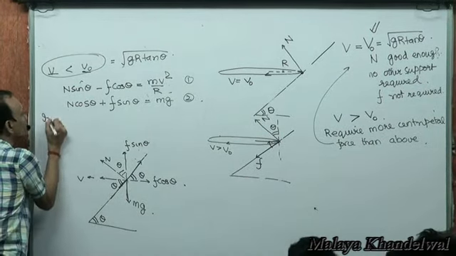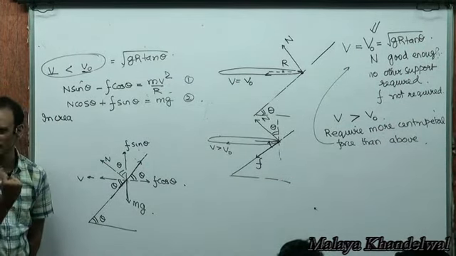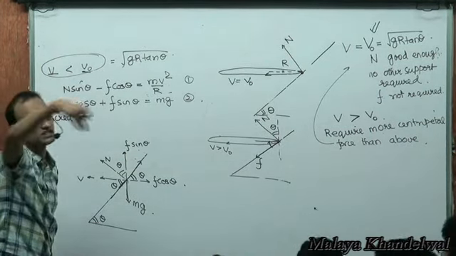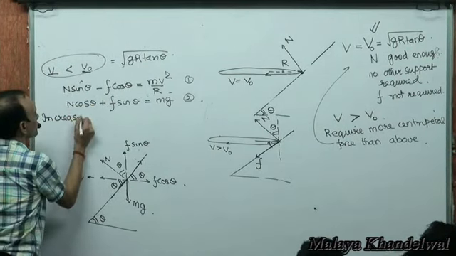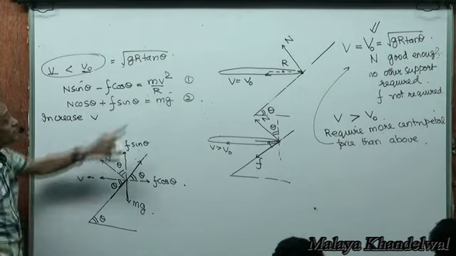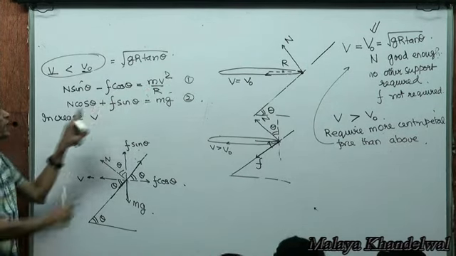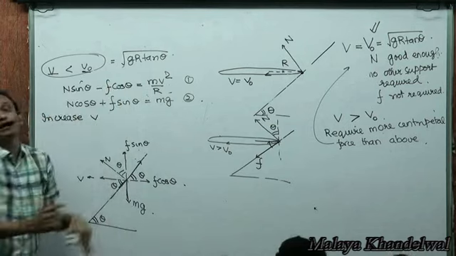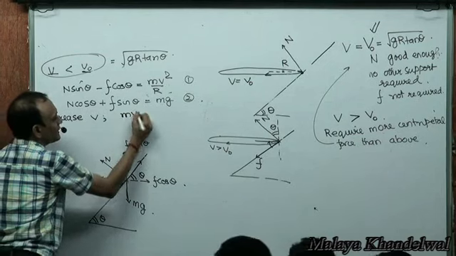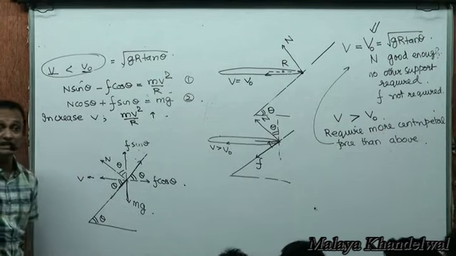Now I gradually increase the velocity of the particle. So my centripetal force requirement would increase. N and F will have to therefore remodel themselves. So mv squared by r will increase, the requirement mv squared by r will increase, yes or no?